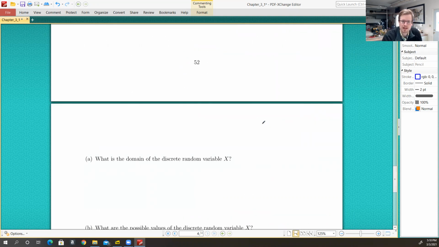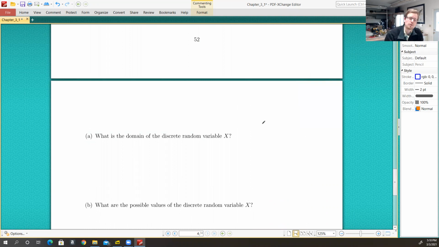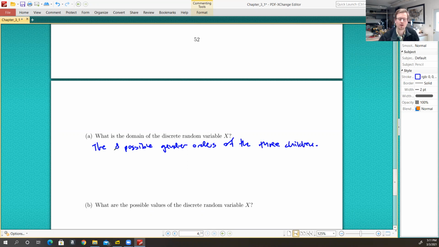So what is the domain of the discrete random variable X in this case? Well, the domain in this case is the order of genders of their children. So the domain is the 8 possible orders, gender orders, of the 3 children. Okay, so that's the idea, right? Again, context, which is nice to have.